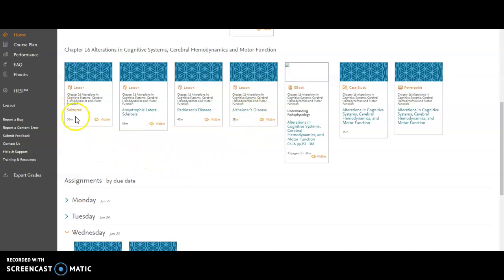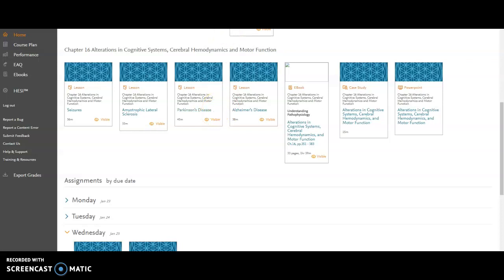Thirdly, I would tell you to go to seizures, because we will see seizure activity, but not at the same rate as our Parkinson's and Alzheimer's. And then lastly, you can look at ALS and work through those lessons. If you do these synergistically, like pop through the textbook and read about it, and then go over here and look at the lesson, I thought that was a pretty helpful way to work through those scenarios.